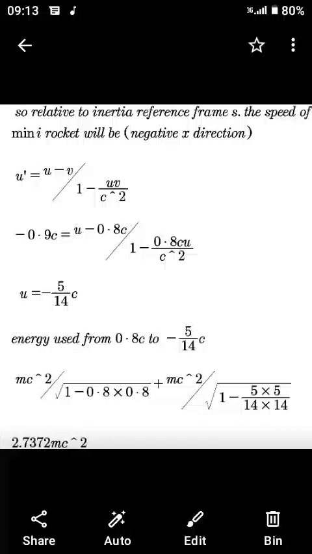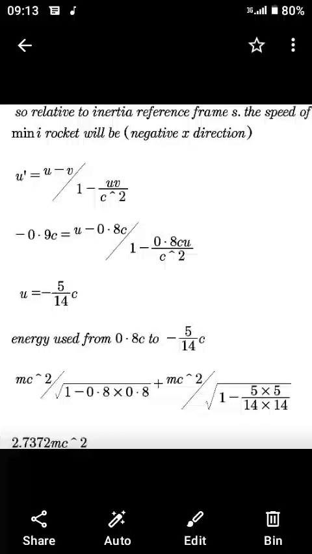Then if you are to calculate the energy as calculated by S, that is an observer who measures the speed of the rocket to be 0.8c, if you are to measure the speed of the mini rocket that according to the rocket's inertial reference frame has 0.9c in the negative x direction, you will find according to S, the speed should be negative 5/14 c.